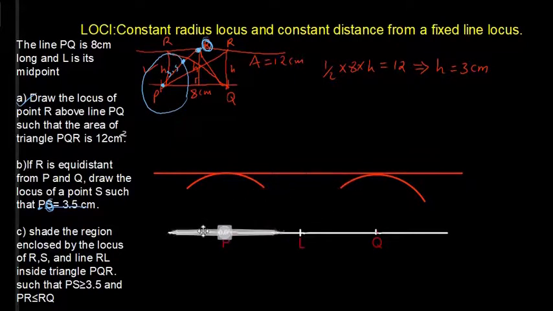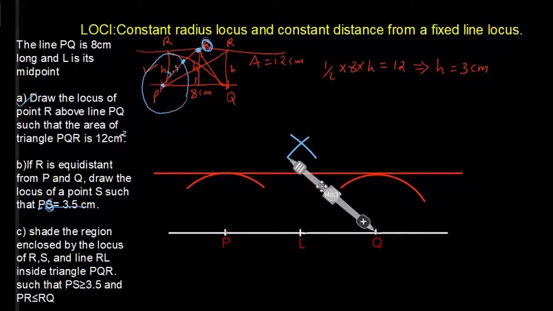Place the end of this compass at point P. Once that is done, next we'll have to put an arc right up there. And then at point Q, again we'll have to come and put an arc right up there. So we have it right up like that.